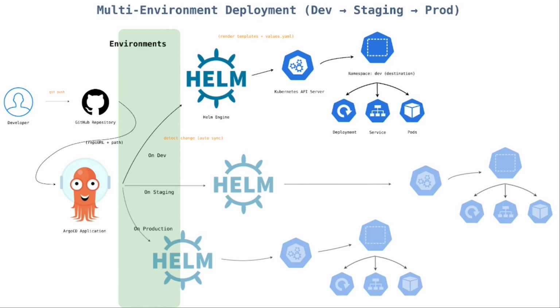Next, ArgoCD detects these changes and synchronizes them automatically. It updates the corresponding applications, renders the Helm chart, and applies the change to the correct Kubernetes namespace. Each environment is deployed independently but is managed through the same centralized control plane.